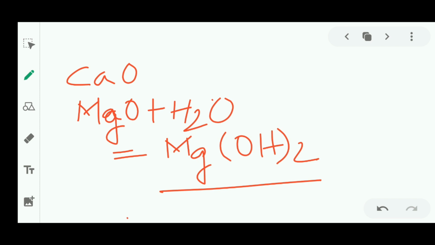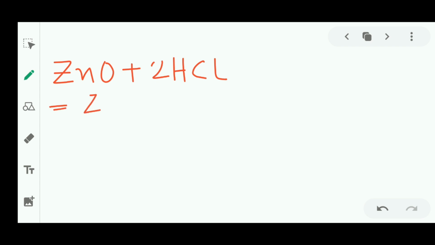Okay, and amphoteric oxide, what do you mean by amphoteric oxide? Amphoteric oxides are the oxides of zinc and aluminium. Both the oxides react with acid and base to form salt and water. Let us see an example, like zinc oxide, ZnO, reacts with HCl to produce zinc chloride and H2O.